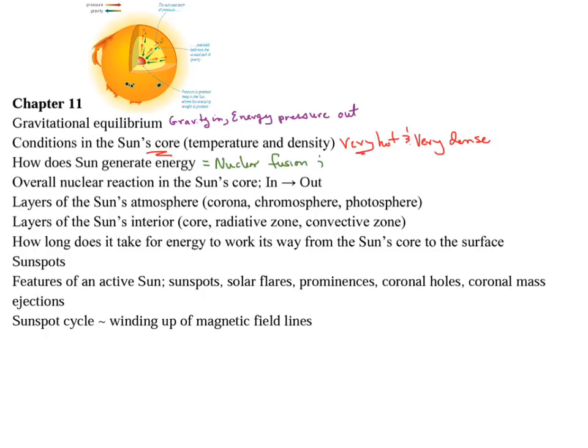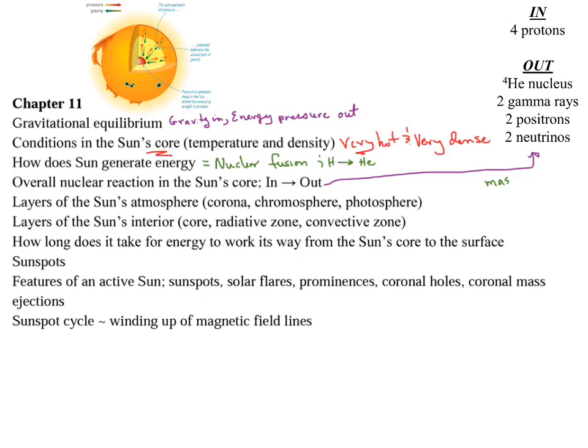So how does our sun generate energy? Via nuclear fusion. In general, we say it's converting hydrogen into helium. Related to that, you need to know the overall reaction of nuclear fusion in the sun's core. I had a slide that showed what you put in, which in chemistry we would call the reactants. You put in 4 protons.